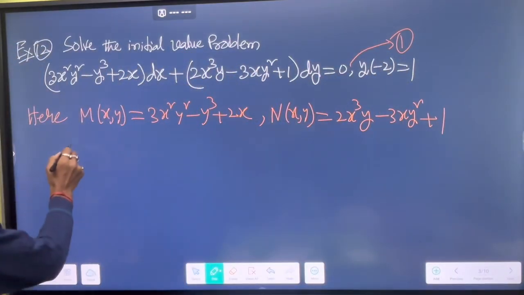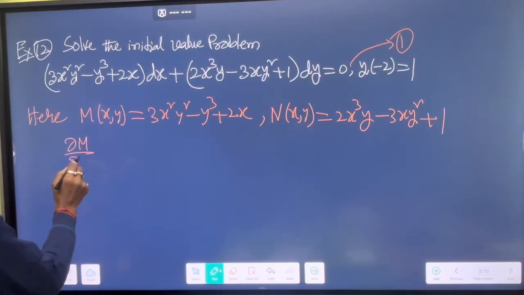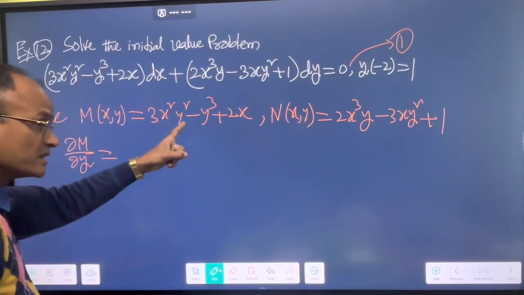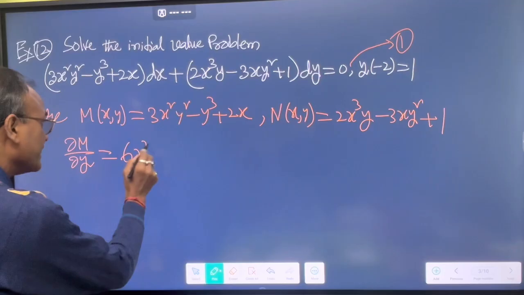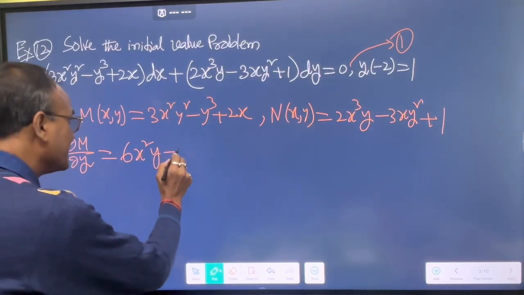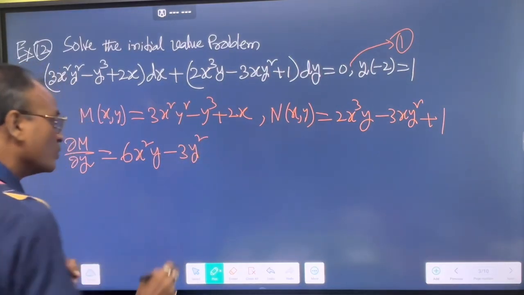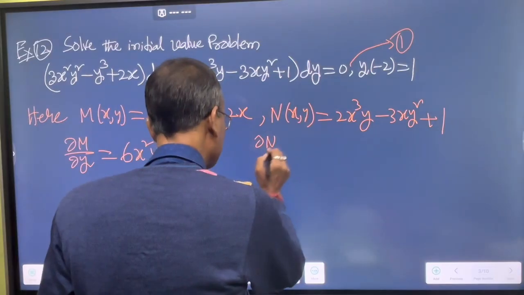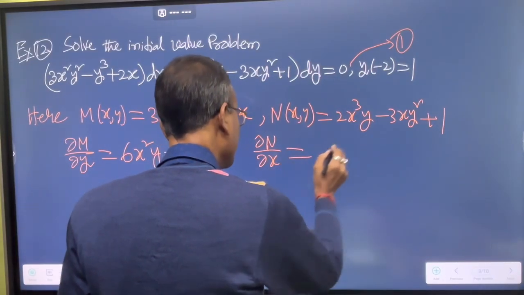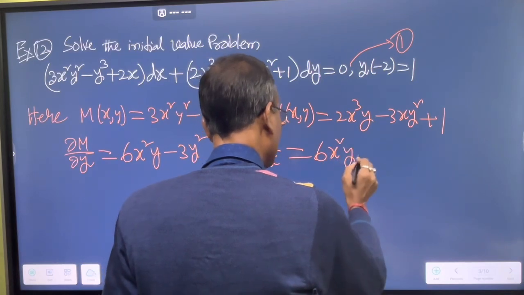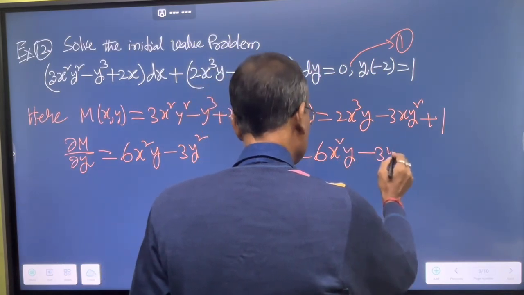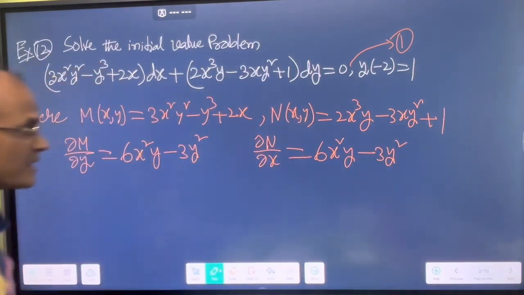Now ∂M/∂y, treating x as constant, will be 6x square y minus 3y square. ∂N/∂x with respect to x is 6x square y minus 3y square. Same.